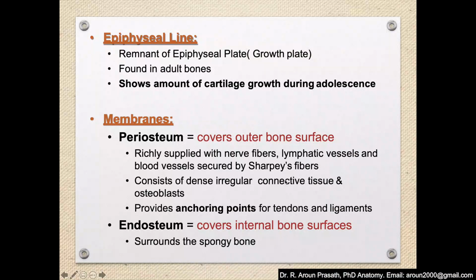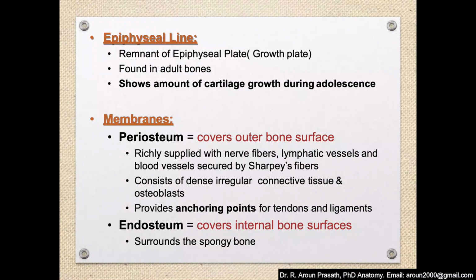They are found in adult bones. For example, when you cut a 7-year-old boy's bone, the epiphyseal growth plate is like cartilage. When you cut a 40-year-old man's bone, it is thick compact bone; the epiphyseal line is converted into strong bone.